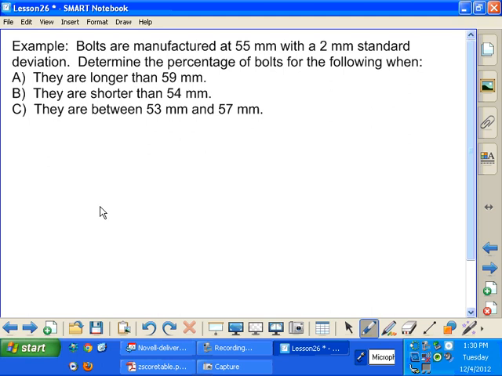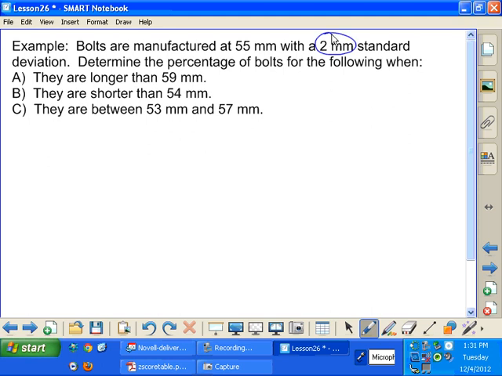So bolts are manufactured at 55 millimeters, and there's a 2 millimeter standard deviation. Whenever you mass produce something, bolts, nuts, anything from shocks for cars to brakes, they're not all going to be exactly identical. There is going to be some deviation in measurements.